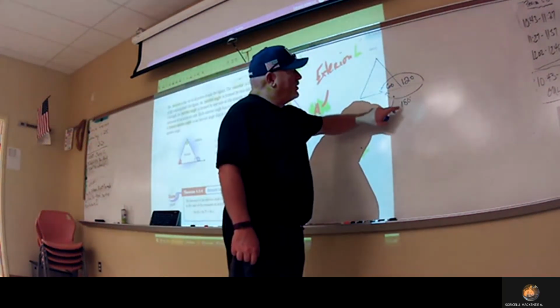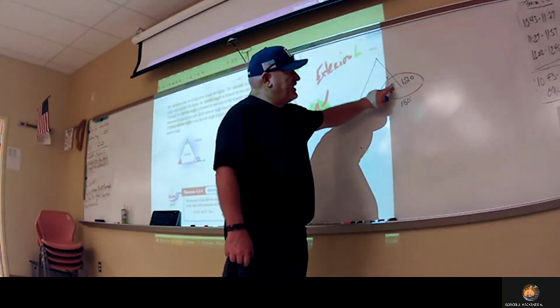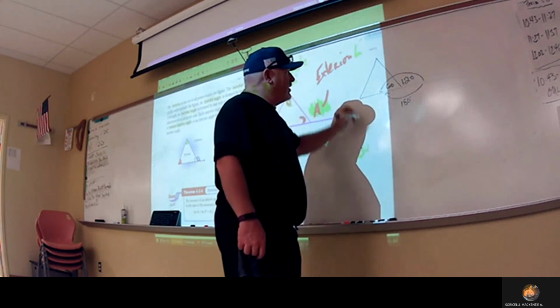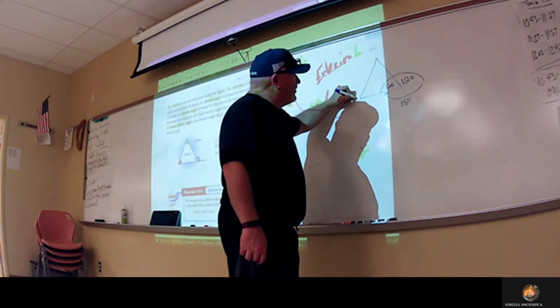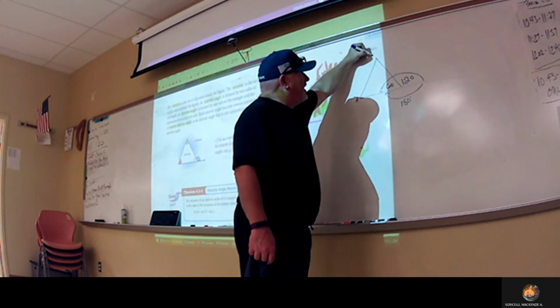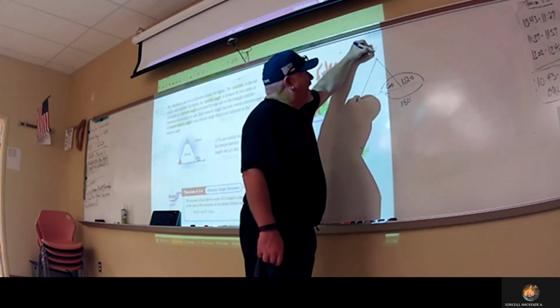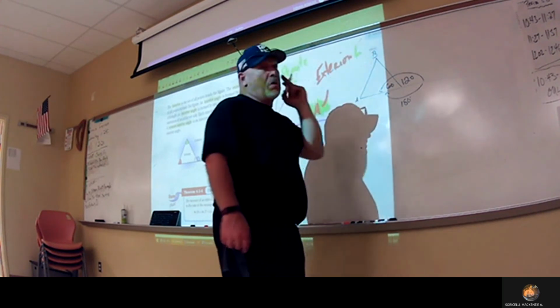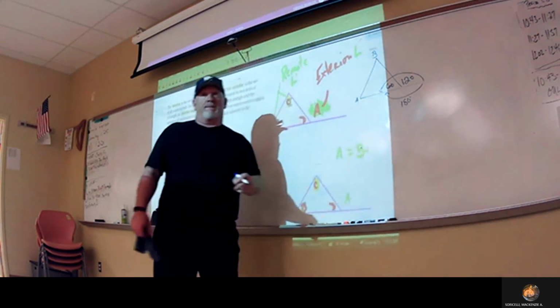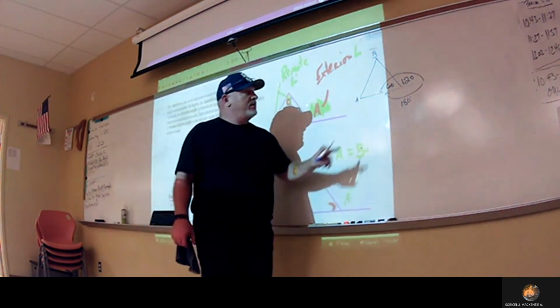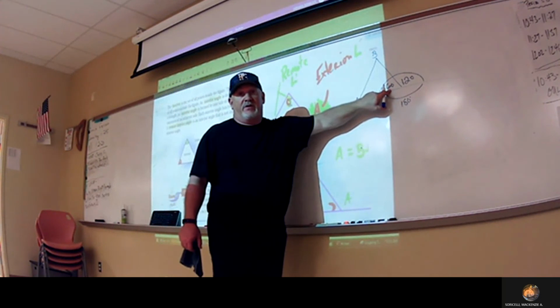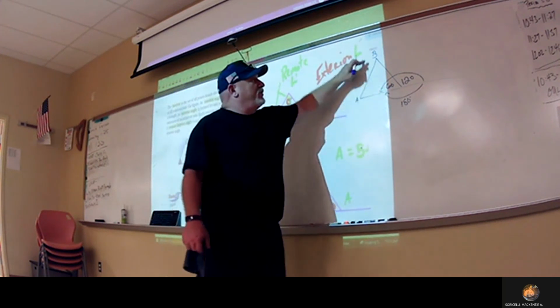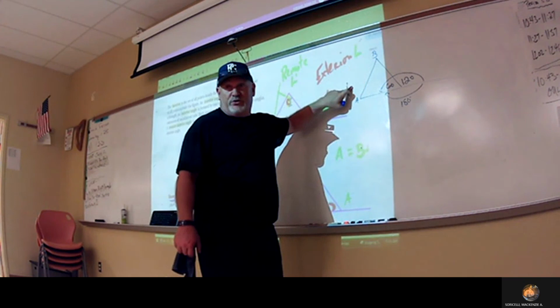So 180 minus 60 is 120. What do you guys think angle A and angle B add up to? We already know this is 60, right? These two will also add up to 120.